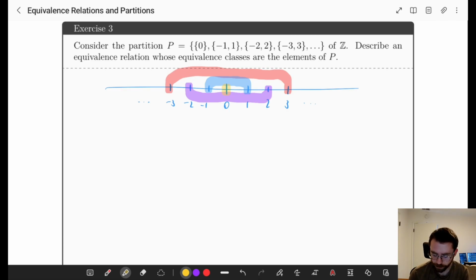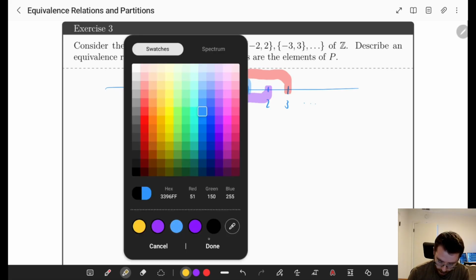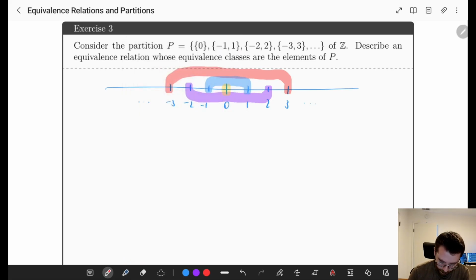Well, let's make some guesses. Could it be that the relation is this? N is related to M maybe if their sum is 0?